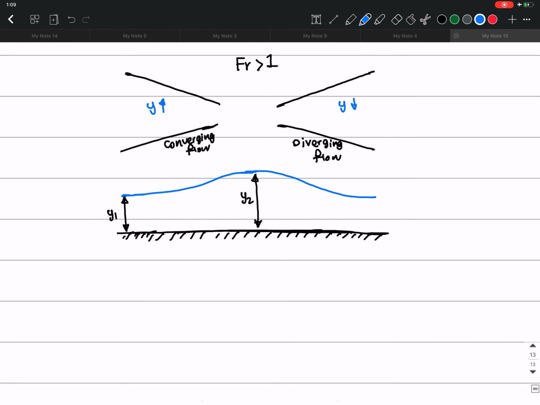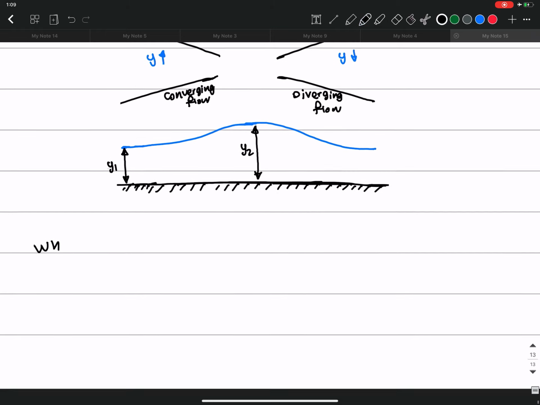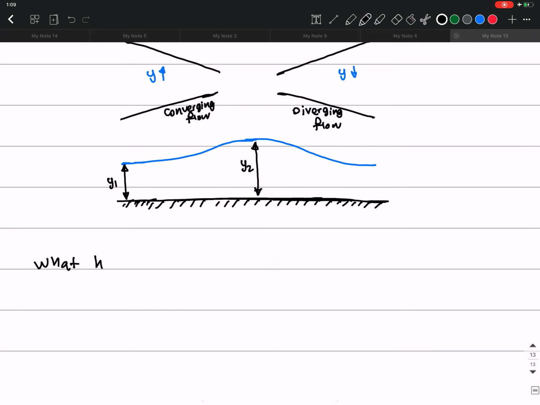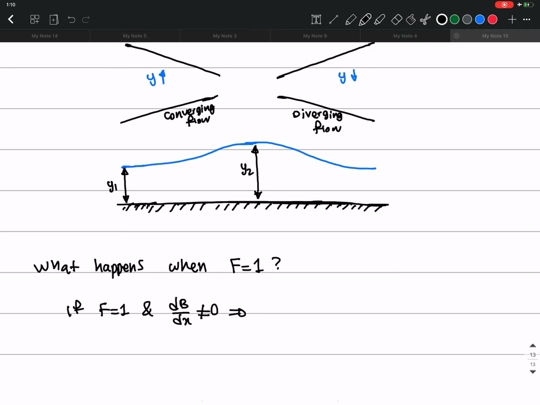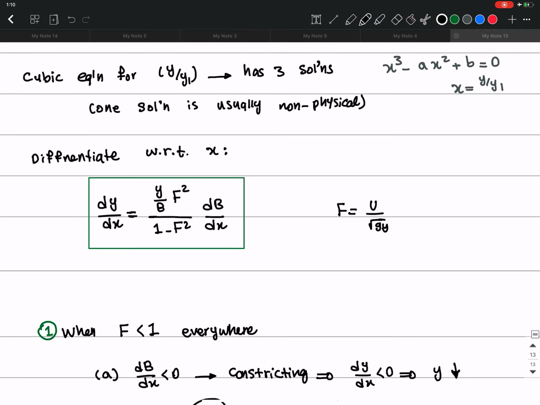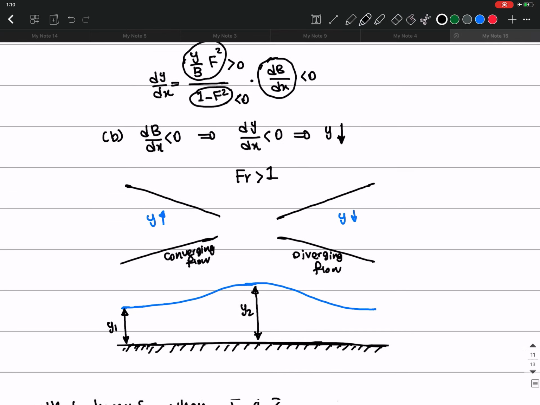Okay, so what happens if we have a critical flow? Now the question becomes, what happens when Froude number equals 1? So if Froude number equals 1, and dB over dx is not 0, meaning that we have a change in the width of the channel, what we get from here, let's see.